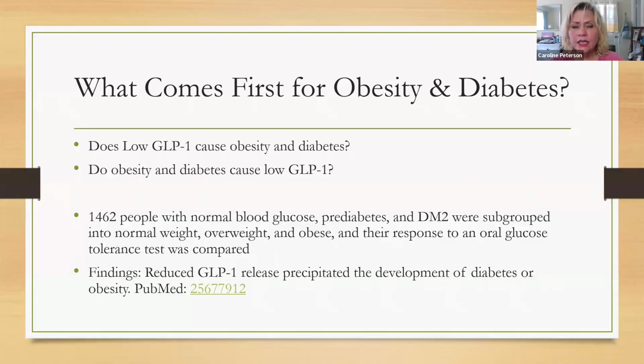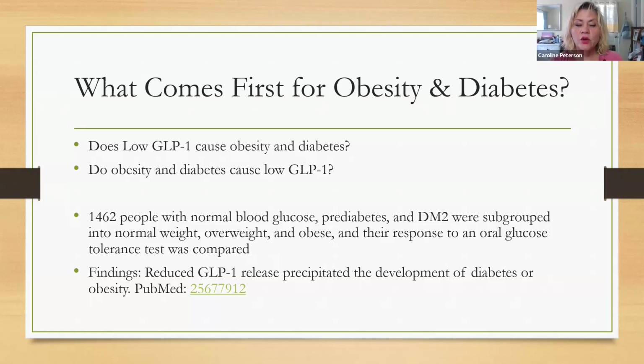In this Danish study that compared people with normal blood glucose, prediabetes, and diabetes, those folks were subgrouped into normal weight, overweight, and obese folks. And then all of them were given an oral glucose tolerance test, and the results were compared.